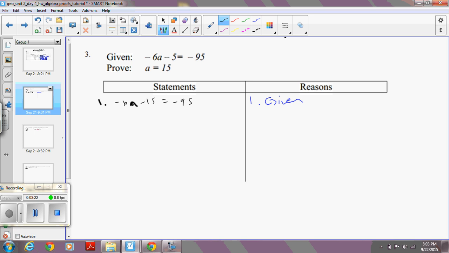Why does it keep going back to big or thick lines? All right. So the next thing I would do is I would move the 5. I don't know why I wrote 15. Let's move the 5 to the other side.